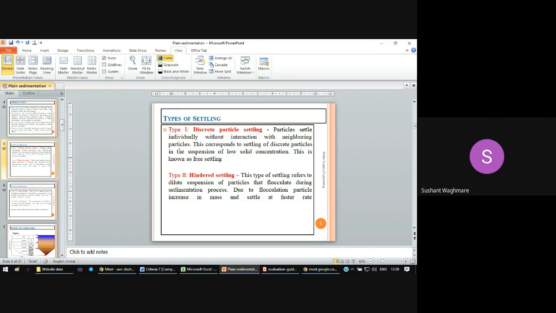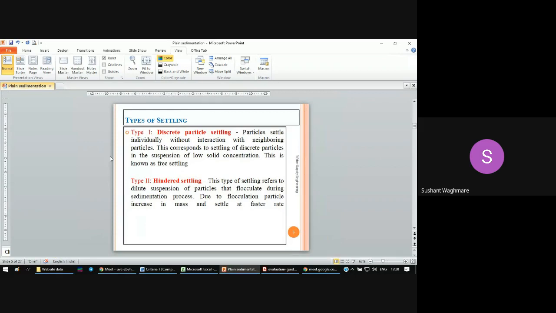Here you can see that the particles settle individually without any interaction of neighboring particles. So this is the first type.